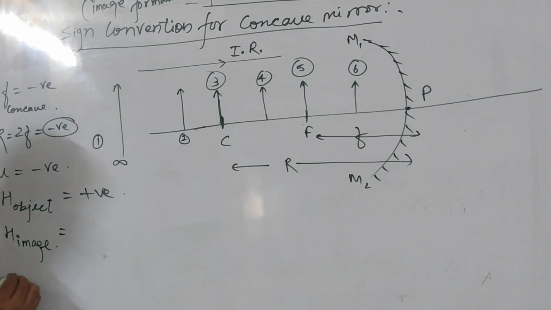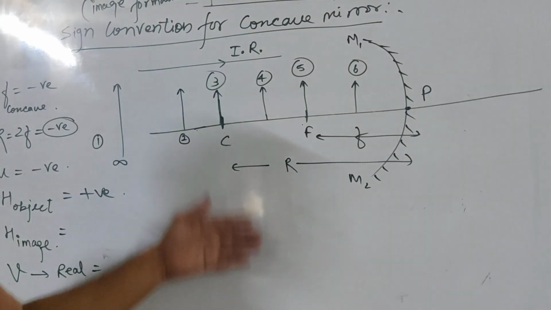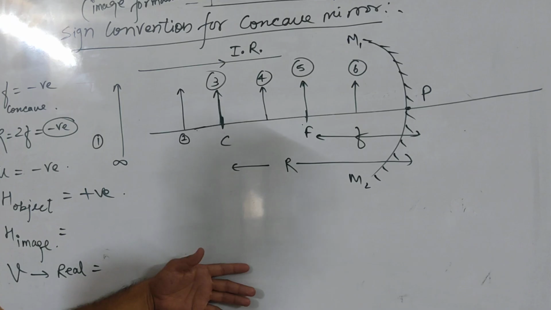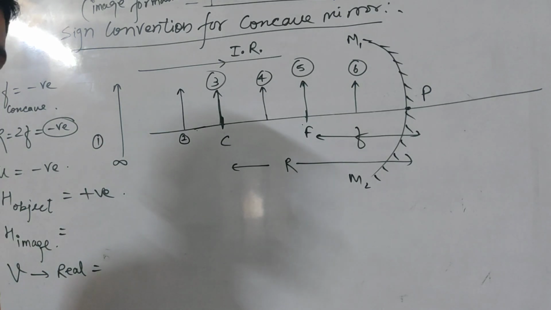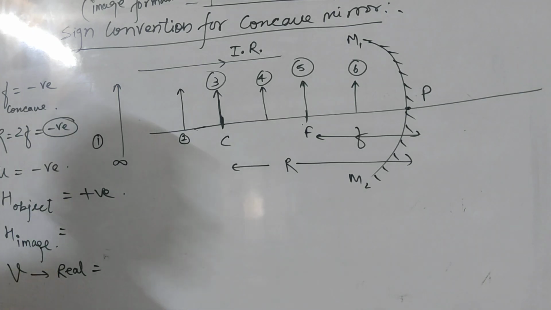Real images are those which we can take on a screen, right? Real image means the image formed by the projector, or by your camera. It is the real image, which we can take on a screen.